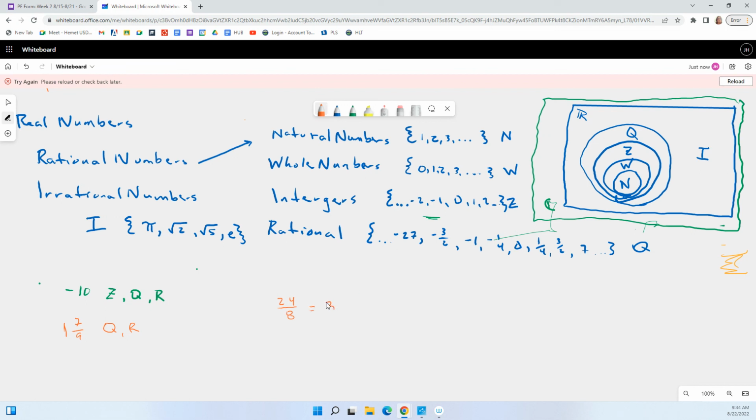So this becomes a whole number. We've got 3, so it's going to fall under the natural, the whole, the integers, rational, and real. It would be in every category. We would have N, W, Z, Q, and R. It qualifies as all of them because if anything is a natural number, it's a natural number in every other category that it sits in.